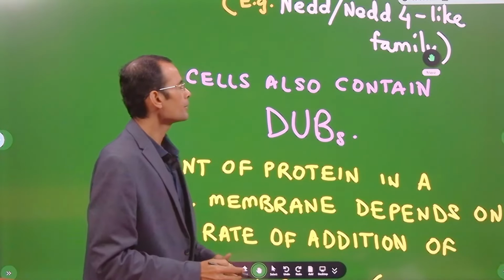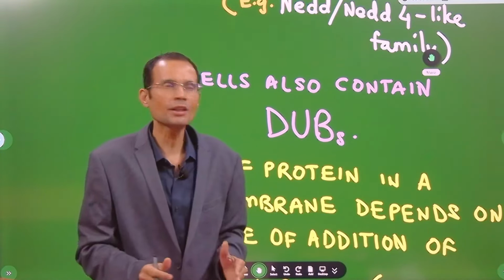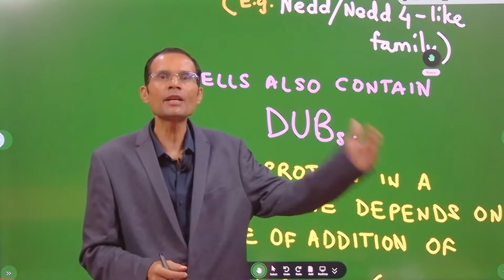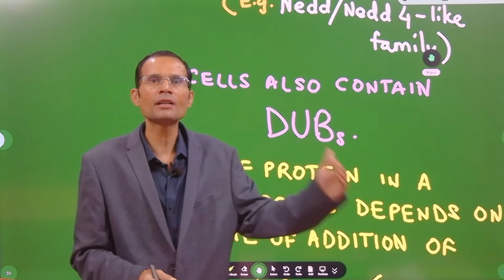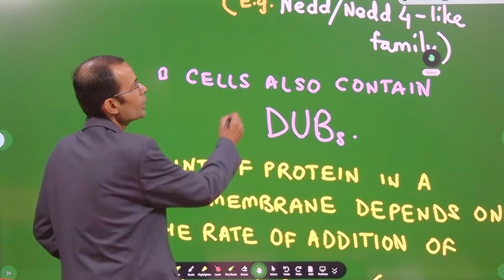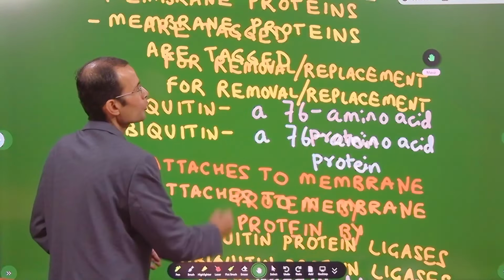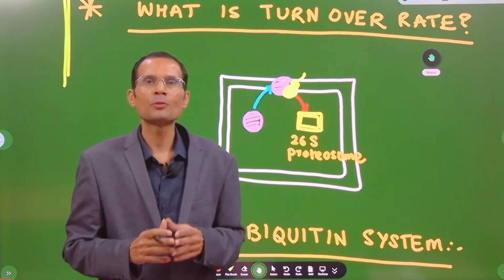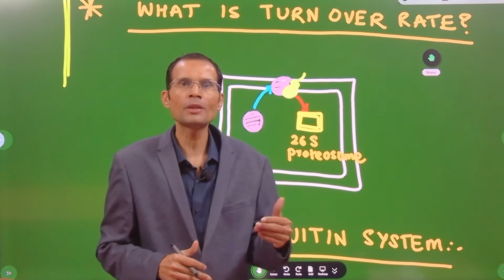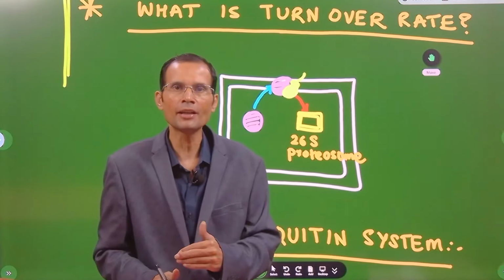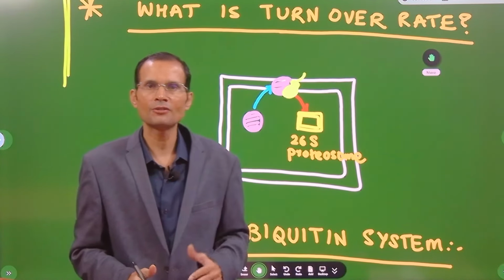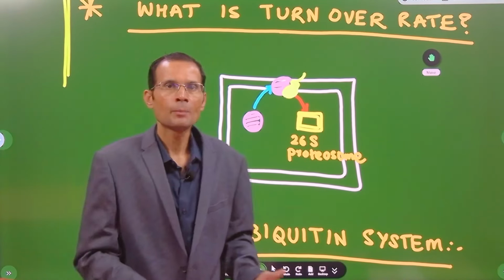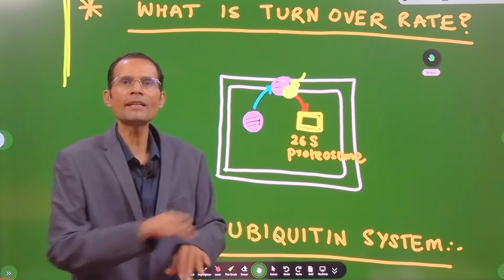The other point is cells also contain DUBs, that is deubiquitinating enzymes. So if the protein is tagged by ubiquitins, but it is not to be removed yet, it is not to be degraded yet, it has not served its lifespan, then there is deubiquitination, meaning ubiquitin will be detached.